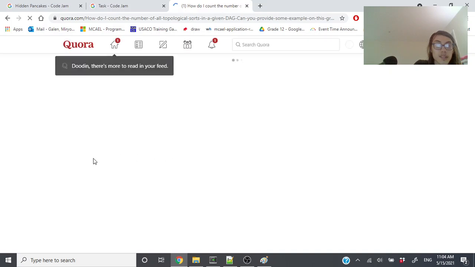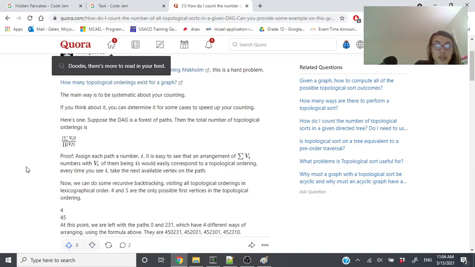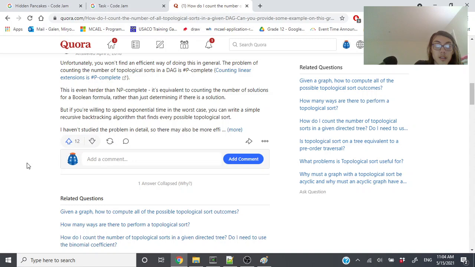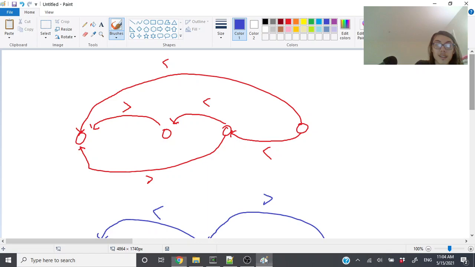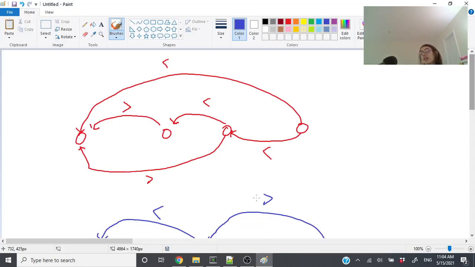Let's see, Quora. Is this NP-hard or something? Okay. Alright, so maybe this isn't doable. Maybe there's something better in that the number of less than edges we have isn't that many. Or wait, the number of greater than edges we have isn't that many.